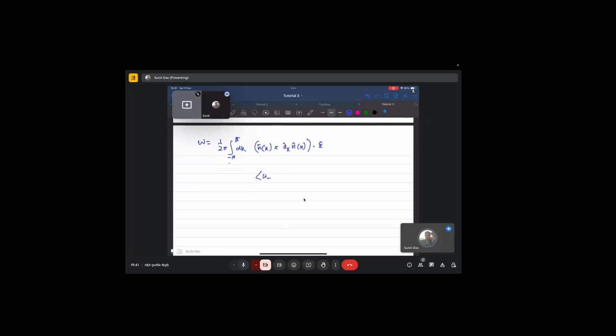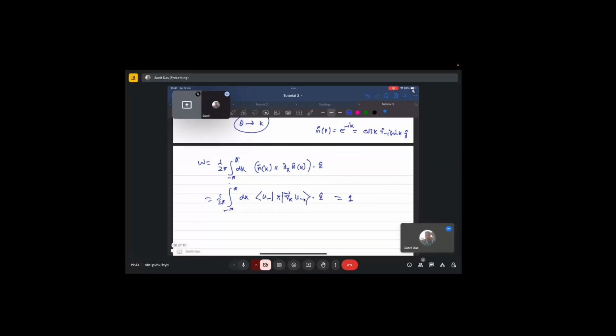So something like this will be there, right? And cross, you take a gradient, actually grad k, but this is in 1D, so no issue. So grad k u minus, and dot z cap, let's say, right? And you integrate this from minus pi to pi, 1 by 2 pi, and then if you calculate it, it will be 1. You cannot just take it to the power minus ik. Okay.